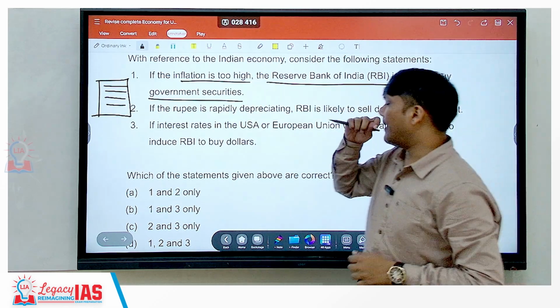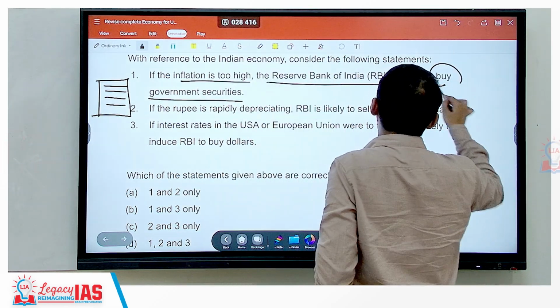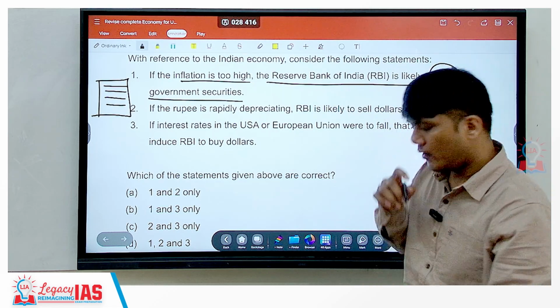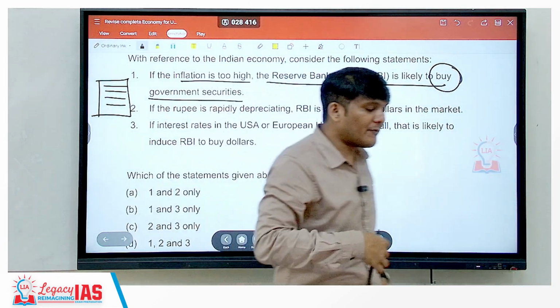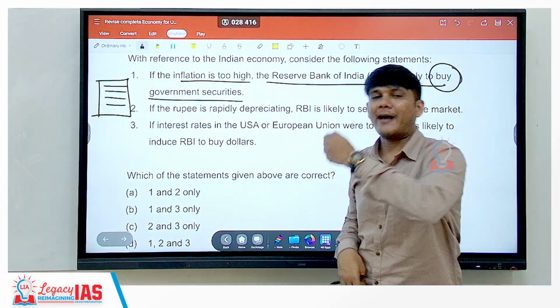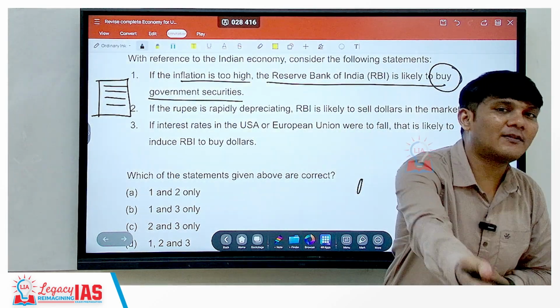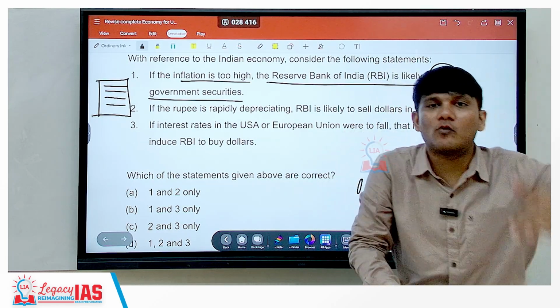So here it is saying, if the inflation is too high, Reserve Bank of India is likely to buy the government security? No. It is likely to sell the government security. If you buy the government security back from the people, what will happen? You will take the piece of paper back from the people and you will be giving them the money. So that would be giving more money to the economy, leading to more inflation.